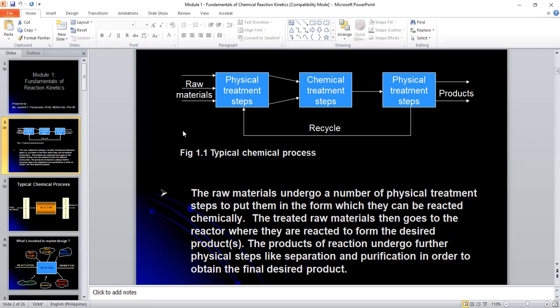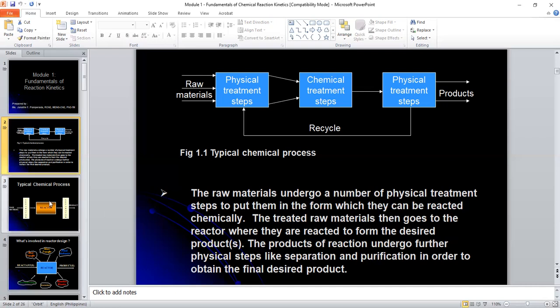processes is for the separation of substances from other substances, or for the accounting of the materials that go in and out of a particular equipment, accounting in terms of the mass and the energies associated with the steps or with the processes.